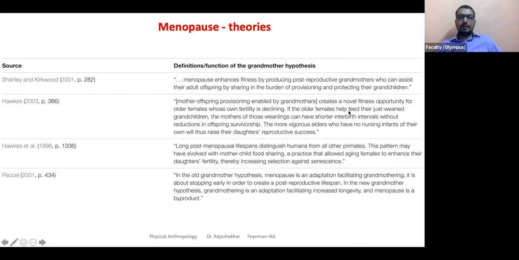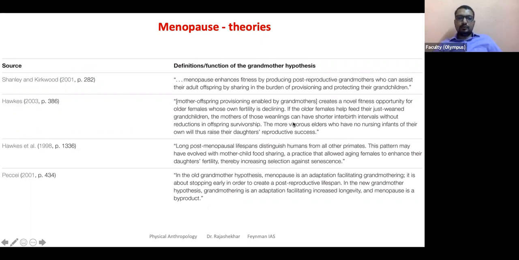If the older females help feed their just-weaned grandchildren, meaning children taken off the breast, if they're able to take care of the infant, the mothers of those weanlings can have shorter interbirth intervals. So this mother can go on to have another child. The number of children increases, and their survival rate also increases, provided there is someone like a grandmother to take care.